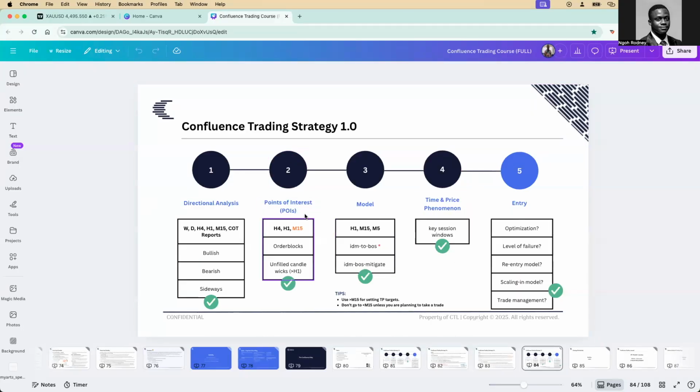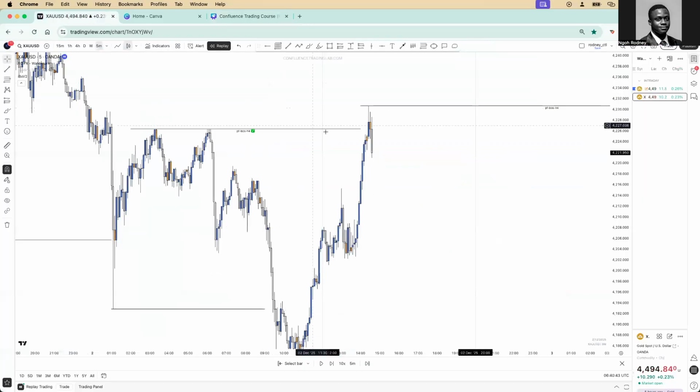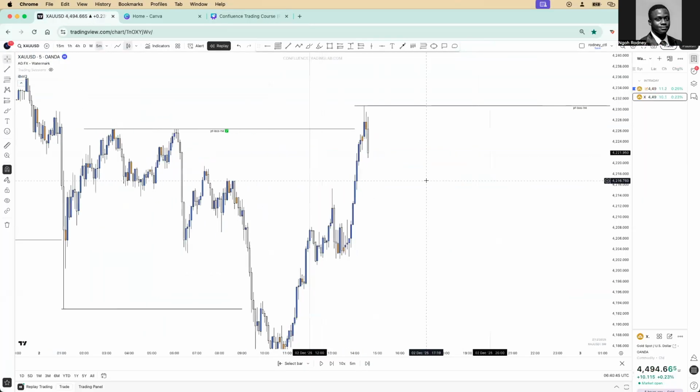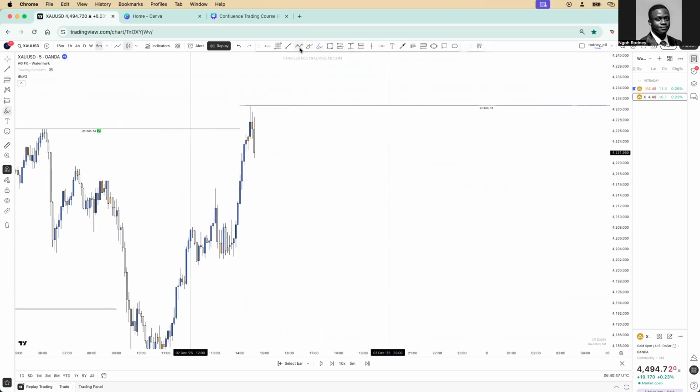We want to identify the point of interest, and then we know the model to use. The point of interest is like an order block, okay? And what I was trying to explain to you here is that sometimes price goes like this, like this, like this, and then you have something like this.